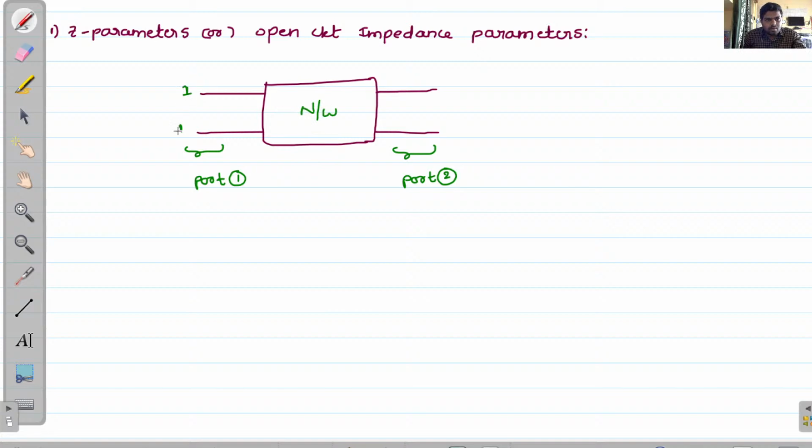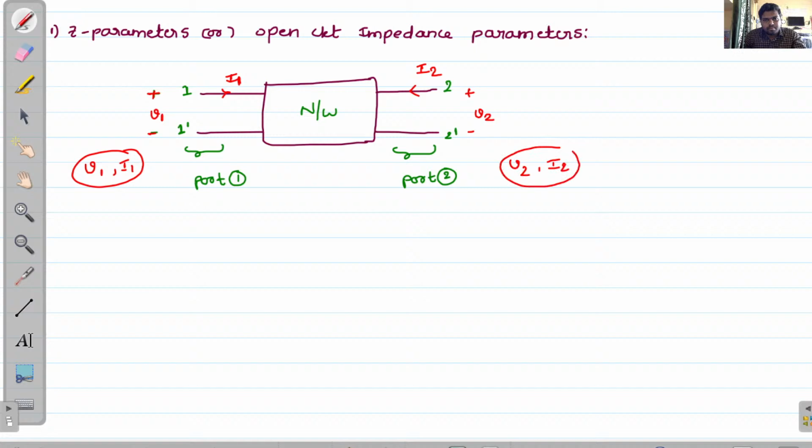Here are 1 dash, 2 dash, and this is V1, and here the variable is I1, and here V2, and the variable is I2. So port 1 variables are V1, I1, and port 2 variables are V2, I2. Okay, this is your two-port network standard model.